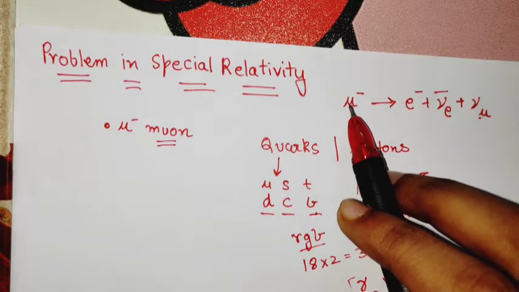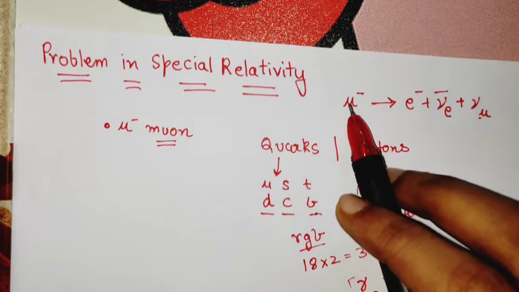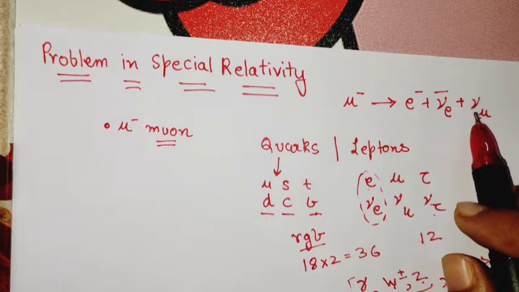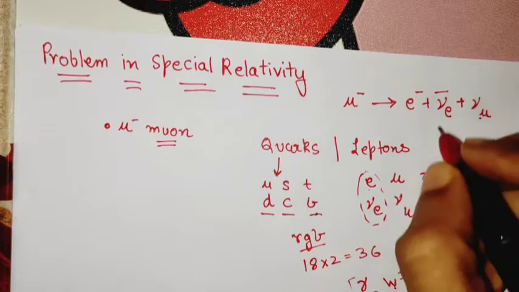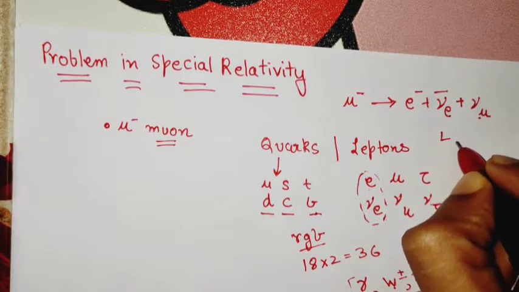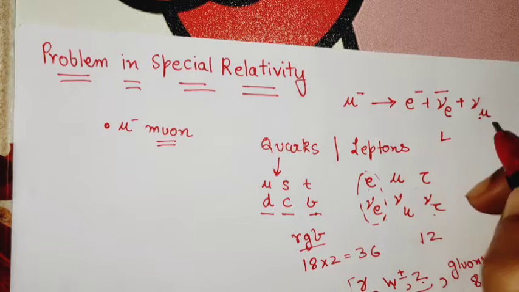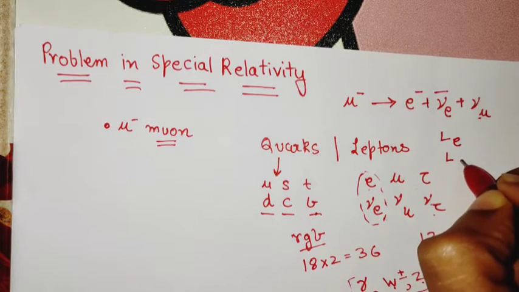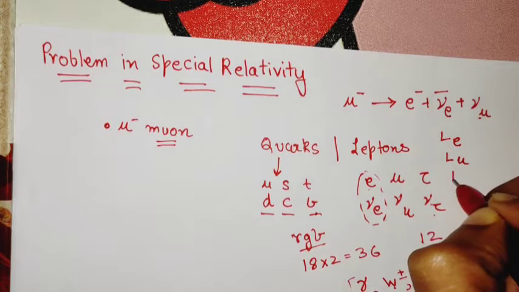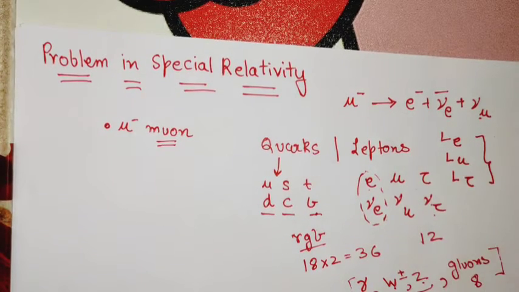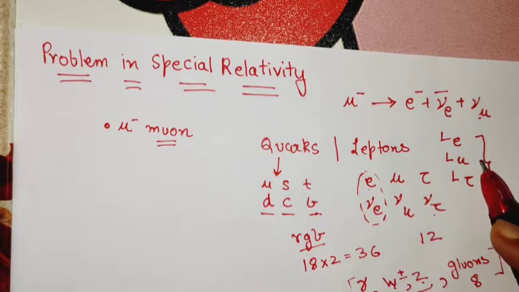And the lepton number associated with the muon is +1, and that is also +1 on the other side. So the lepton numbers corresponding to the different families, that is electron, muon, and tau, are individually conserved, and they are symmetries, we can say.